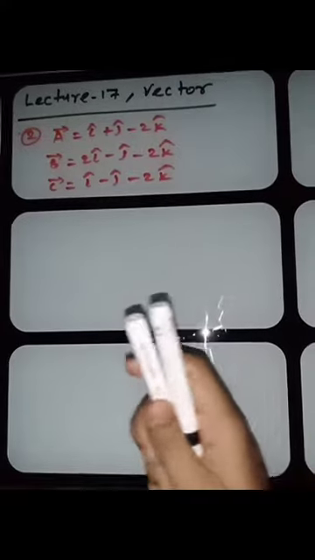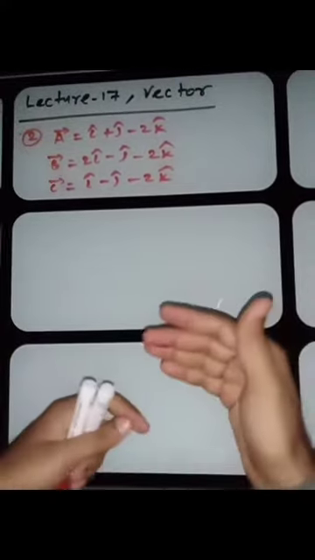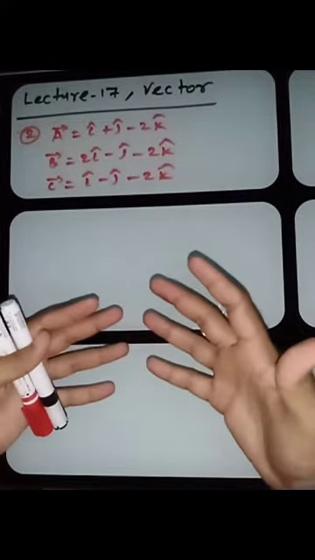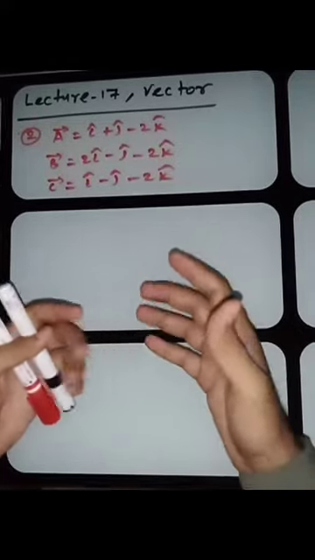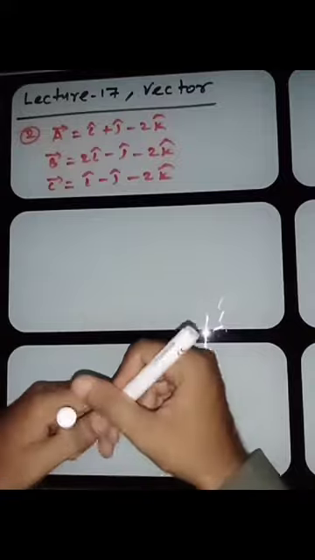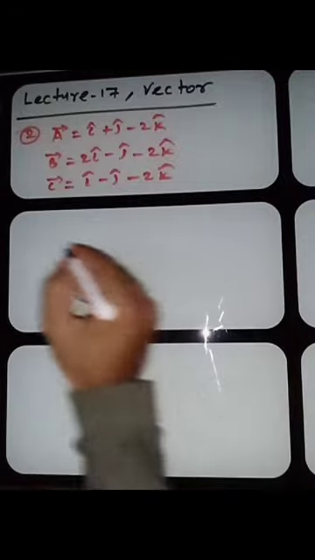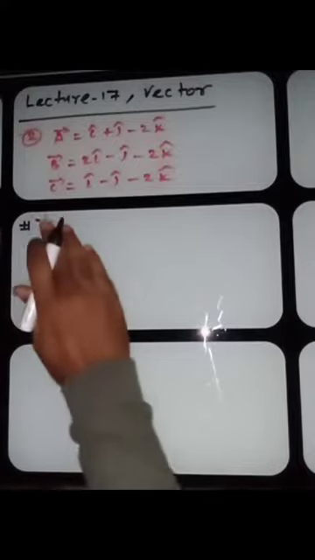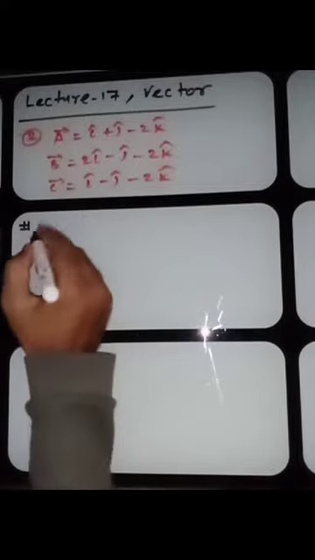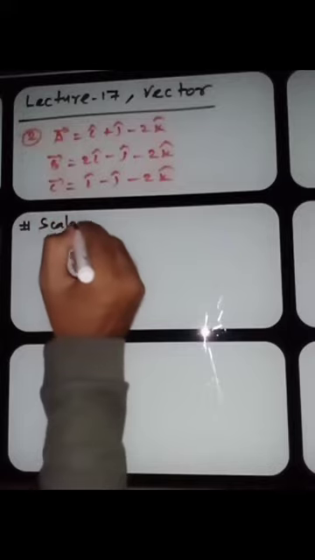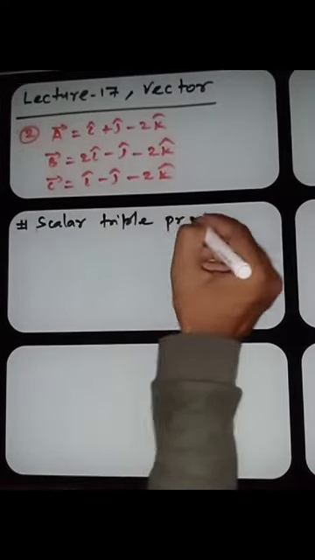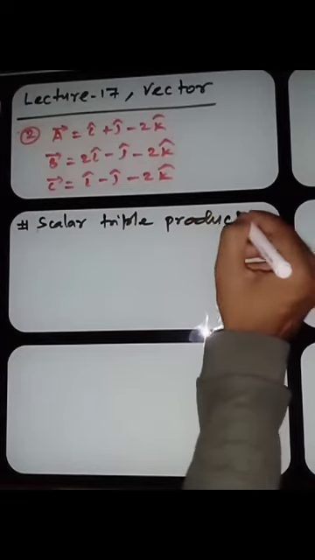My dear student, here we are going to introduce the new topic. It is the scalar triple product. For example, if you have to find the answer of this one, this topic is the triple product, and this is known as the scalar triple product.